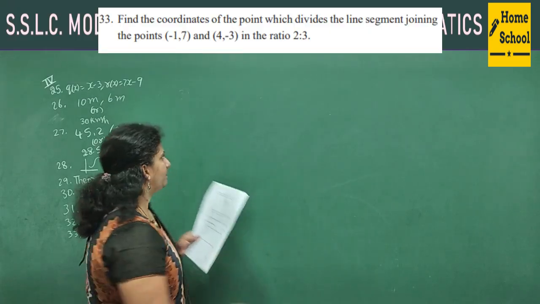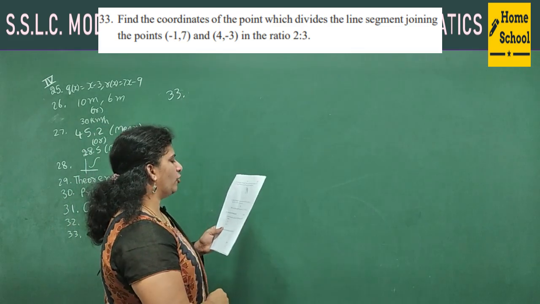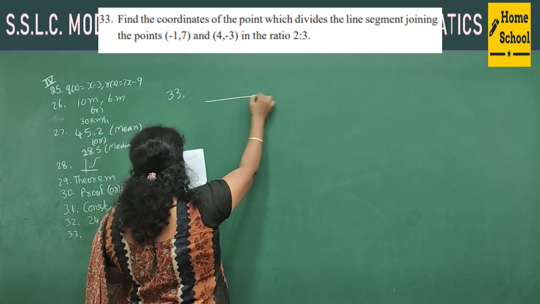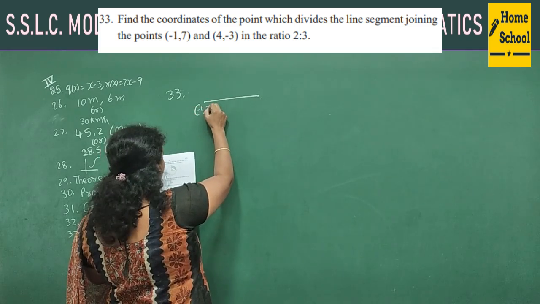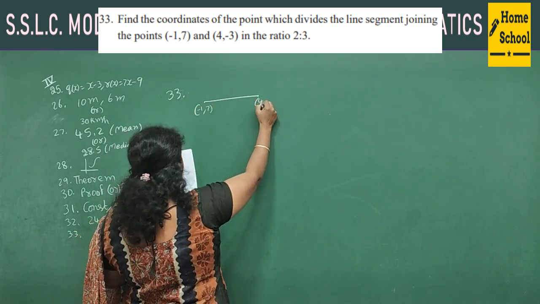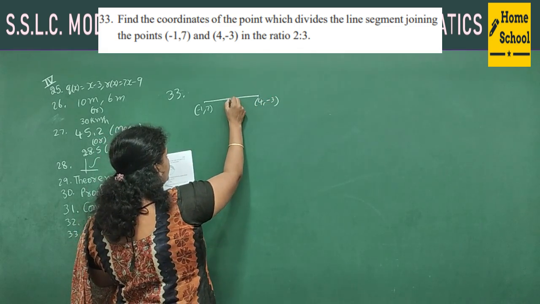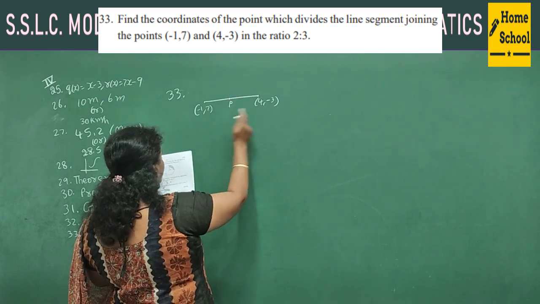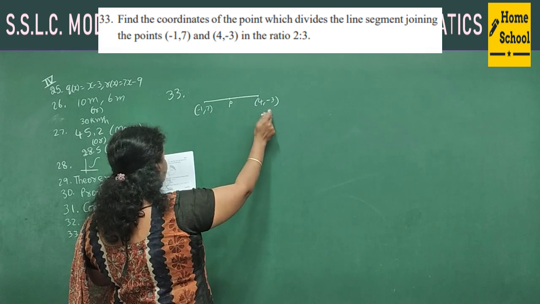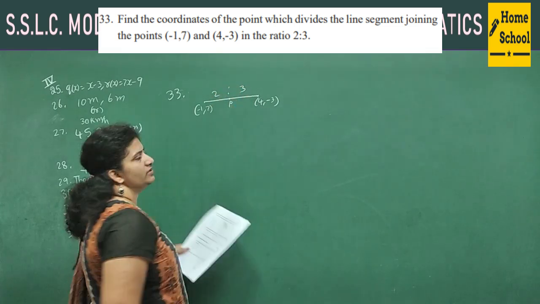33rd problem. Find the coordinates of the point which divides the line segment joining the points. See, when you are reading the problem, you just try to frame this. Find the coordinates of the point which divides the line segment joining the points (-1, 7) and (4, -3) in the ratio 2:3.